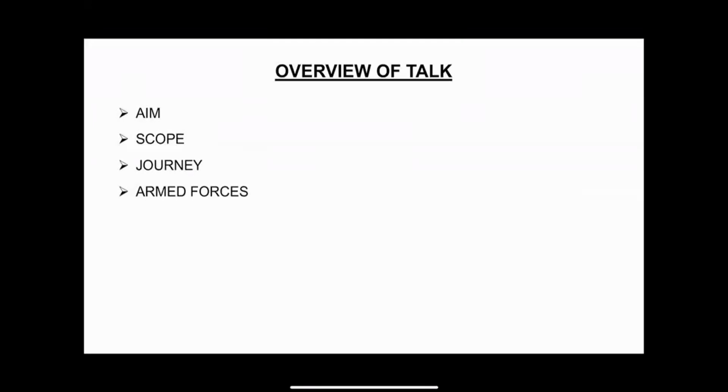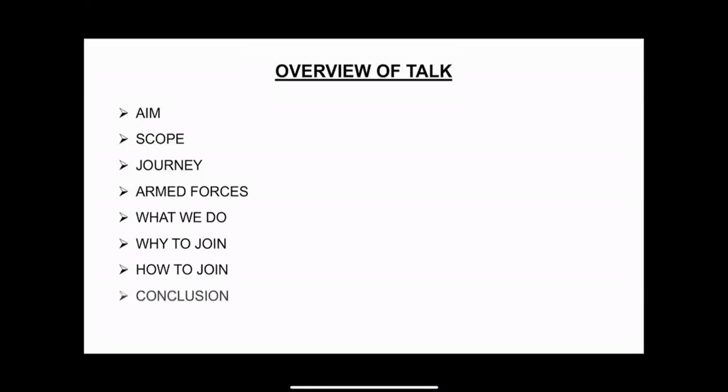What are the responsibilities we are given as an officer? We will briefly see the reasons why you can consider this profession as your career, following which I will explain how to become part of this fraternity, different entries, various stages in selection process, etc. I'll conclude before we move on to question and answer session.